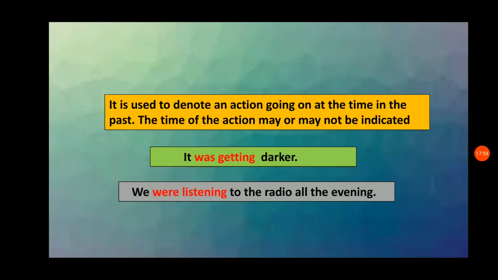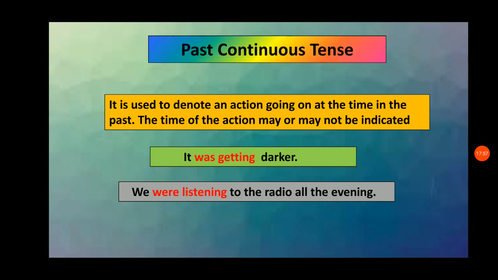Past continuous tense is used to denote an action going on at some time in the past. What is the definition for past continuous tense? The action which took place in the past and would be going on continuously.